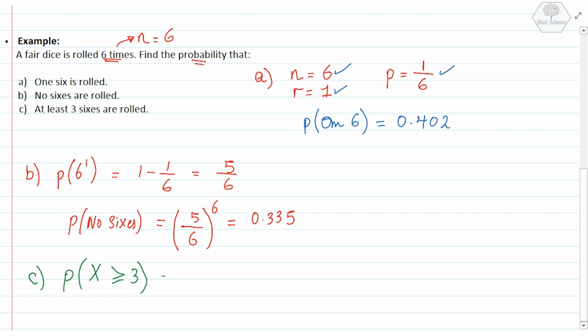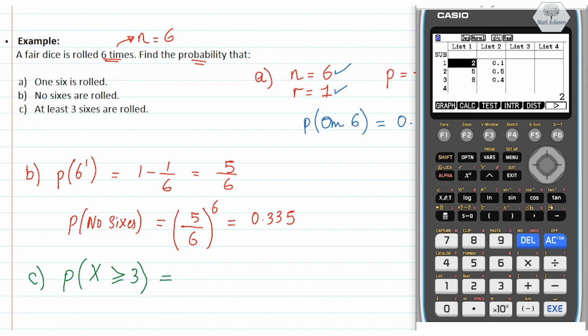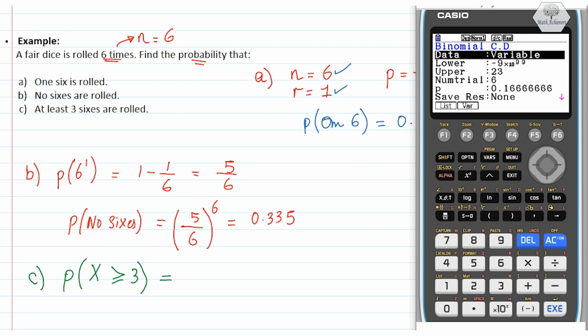In this case, I use my graphical display calculator. I go to menu statistics and I go to distribution, binomial, and I use BCD, the cumulative distribution function. I press F2. The lower number of successes that I want is 3, and the upper number of successes I want is 6, since I want either 3, 4, 5, or 6 sixes, right?